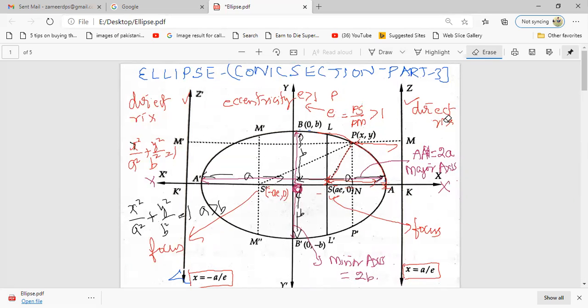So the length PM upon PS will be less, because PM is less than PS. The point will come here. So PM upon PS, the distance from the fixed line upon the distance from the focus, that is eccentricity. It is less than 1. So eccentricity is less than 1.